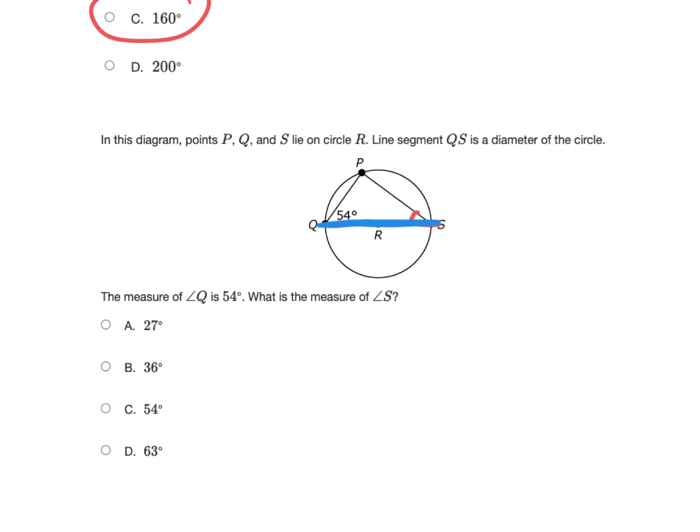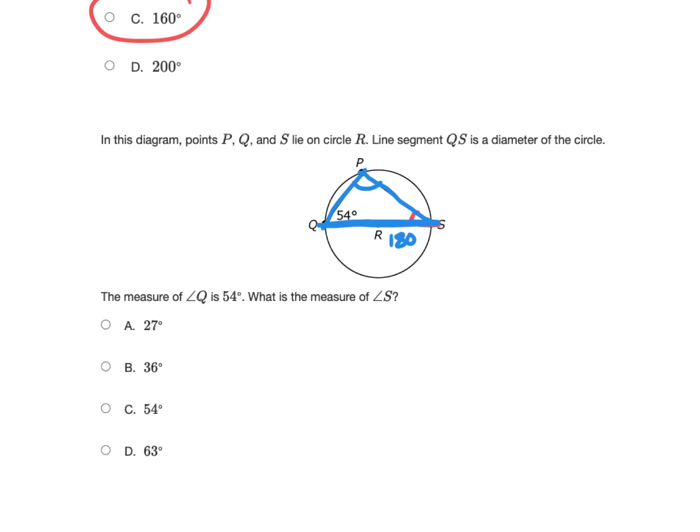So the question is, how many degrees are in a straight angle? That happens to be 180. And if QRS is 180 degrees, the measure of angle P is going to be half of that measurement.